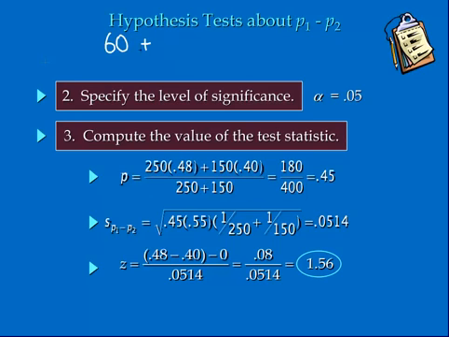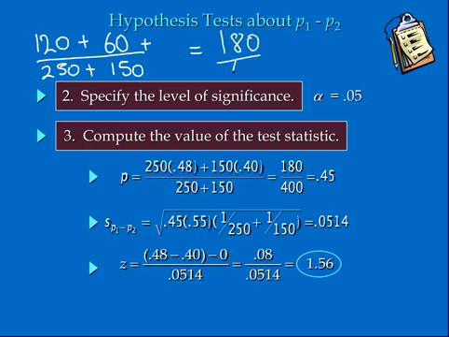Actually, start from the other side. It was 120 plus 60 over 250 plus 150. That works out to be 180 over 400, and that is where we get this value here, 0.45.